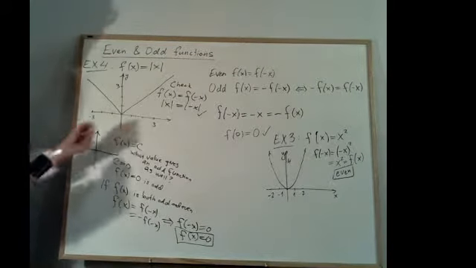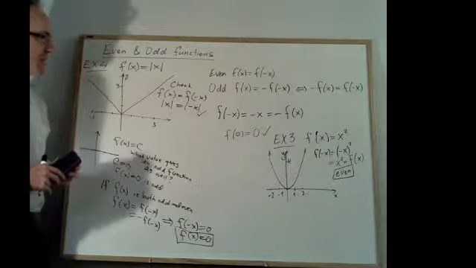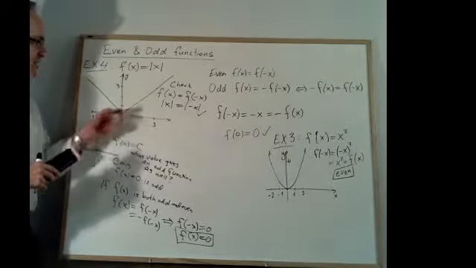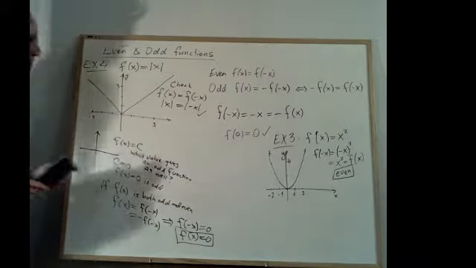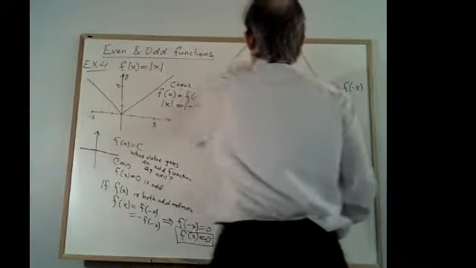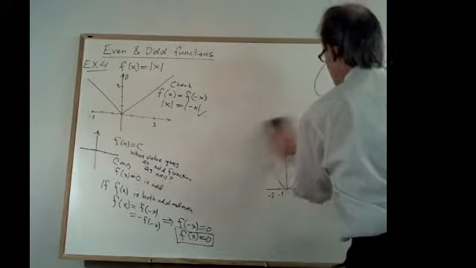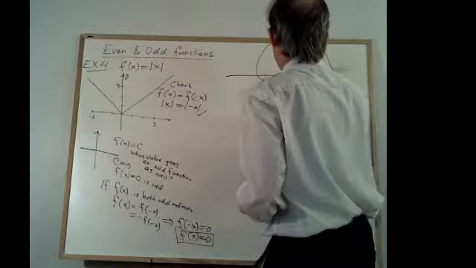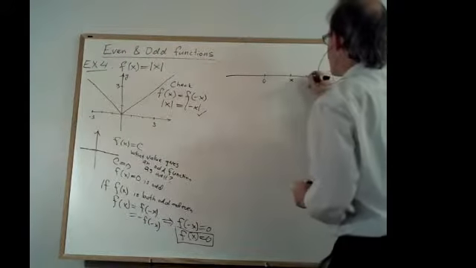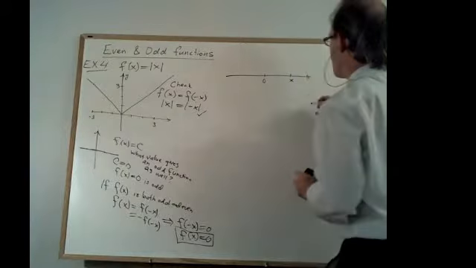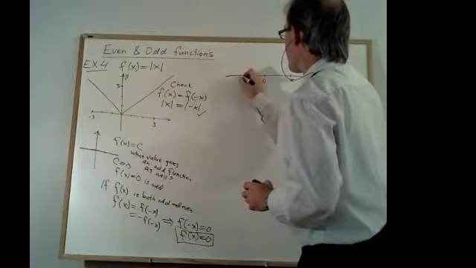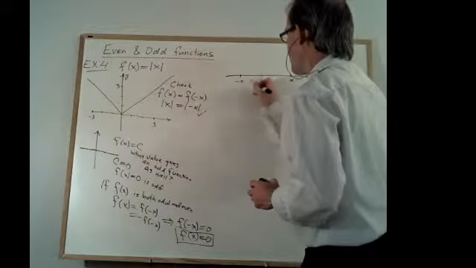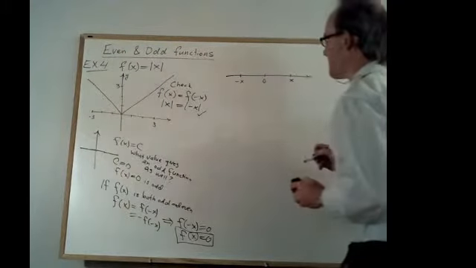Because one way you can think of the absolute value function is that it is a measure of the distance from the point x along the real axis to the origin. So just look at the real axis only. If you pick a point x along the real axis, then the distance from the origin is x, and likewise the distance from minus x to the origin is also the same.